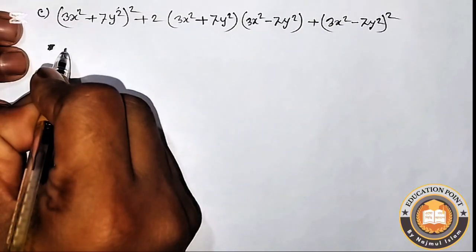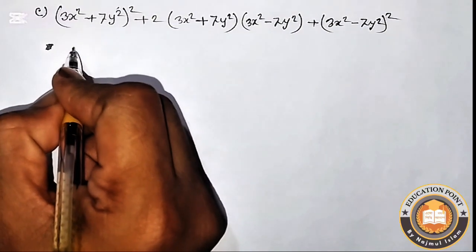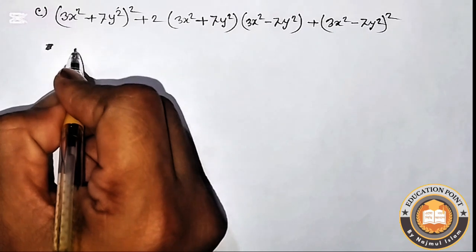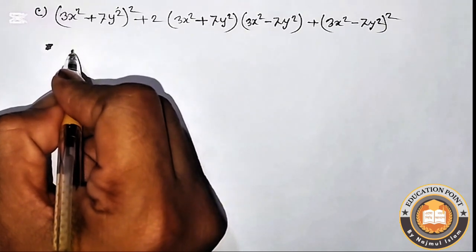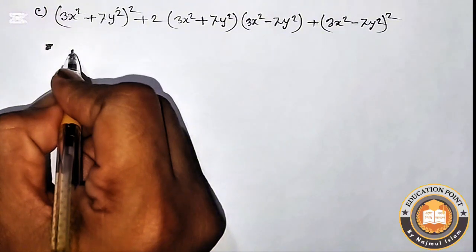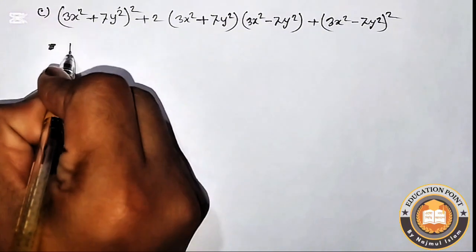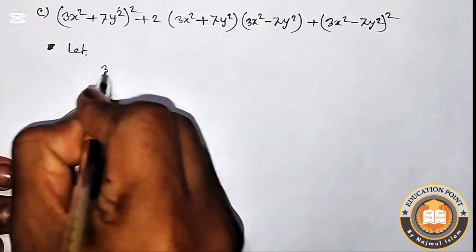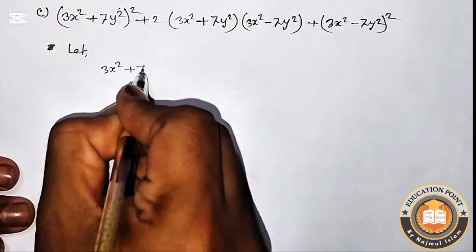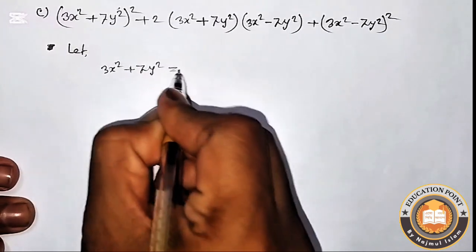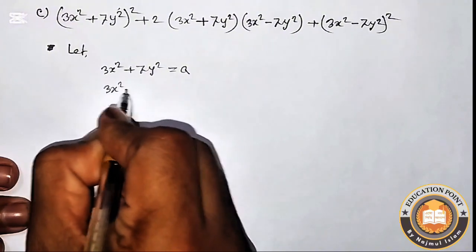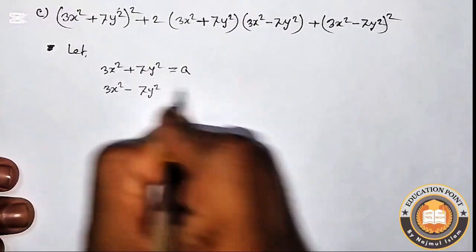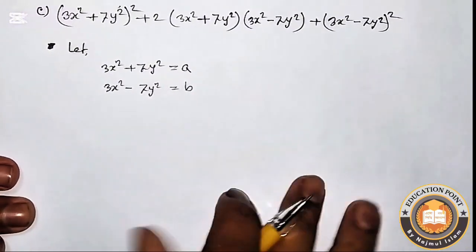Number C, (3x square plus 7y square) whole square plus 2 into (3x square plus 7y square) into (3x square minus 7y square) plus (3x square minus 7y square) whole square. Let 3x square plus 7y square equal a and 3x square minus 7y square consider as b.